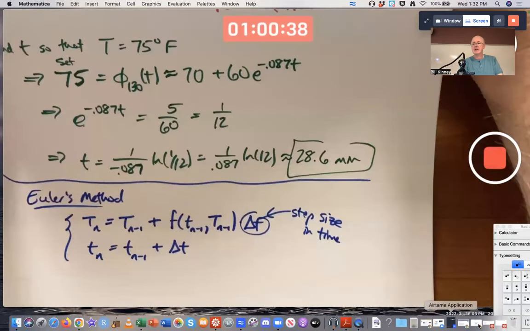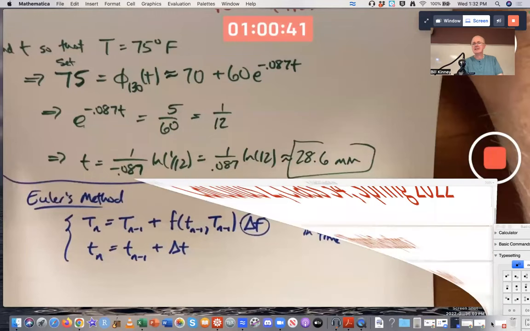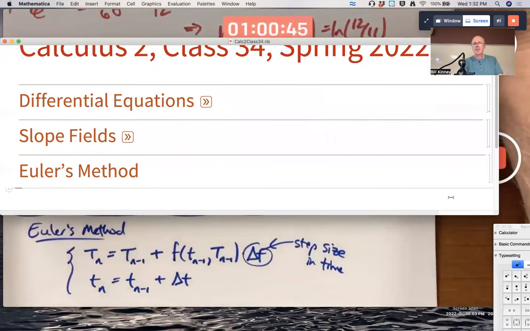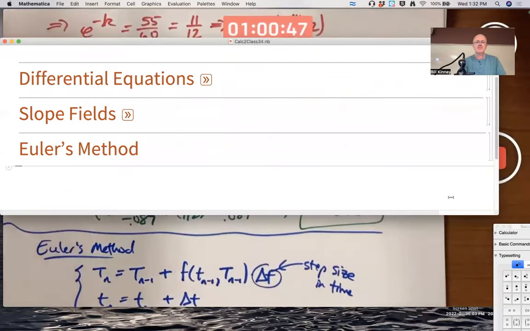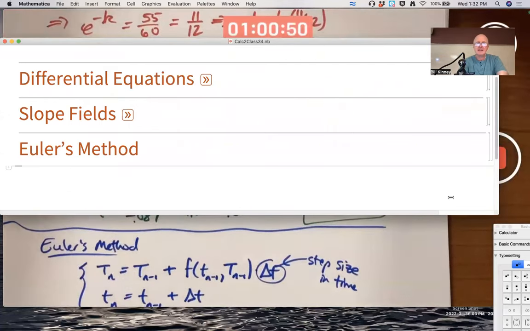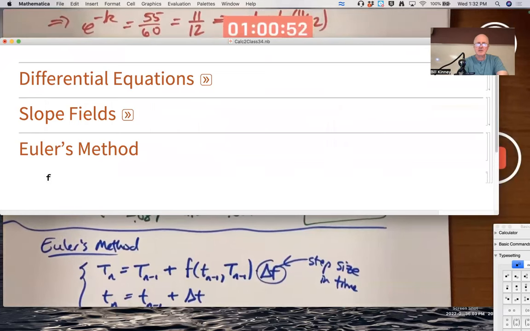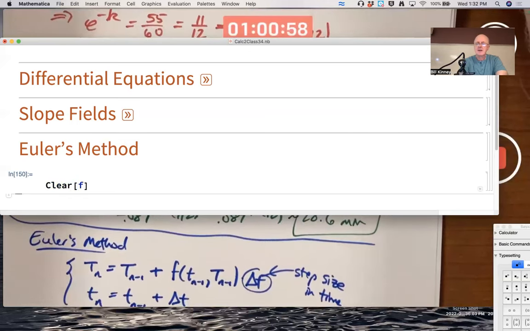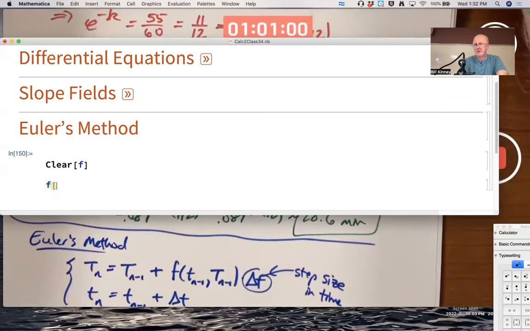But on the final exam, you should know the syntax. Now, the syntax is a little confusing. So listen carefully. First, I'm going to define my right-hand side function, my little f. Let me clear it first. It is just a function of capital T in our example.